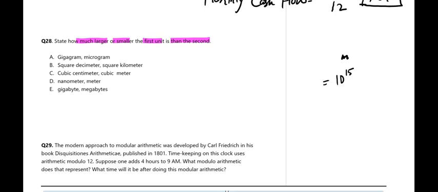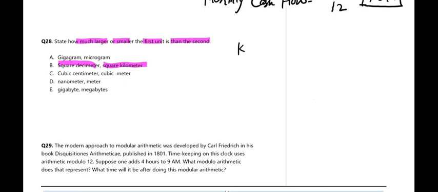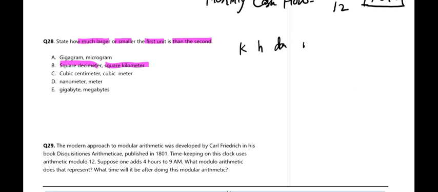Part B is about square decimeter and square kilometer. To do that, I have to write the chart here. Kilometer, hectometer, decameter, meter, decimeter, centimeter, millimeter. The base unit is meter here.